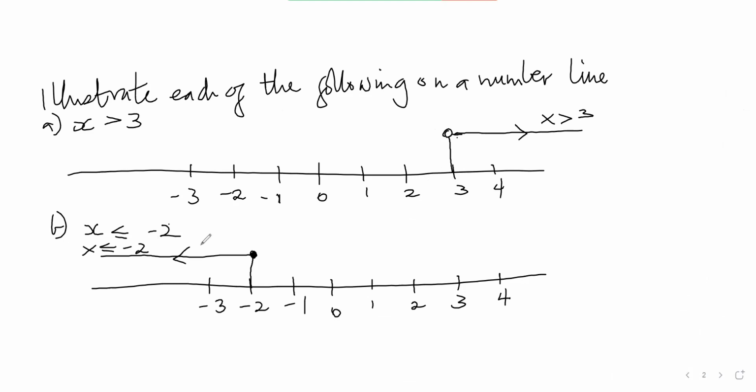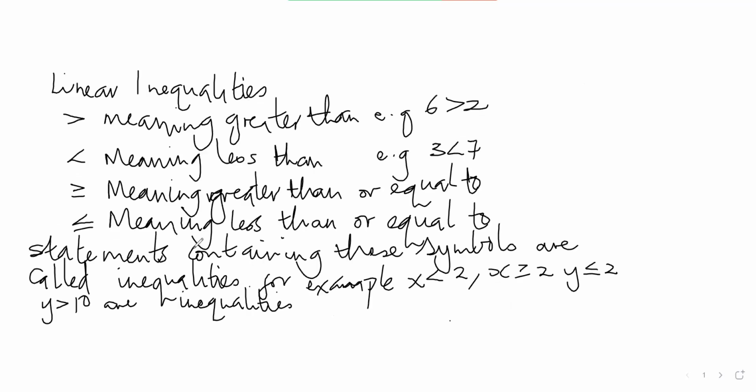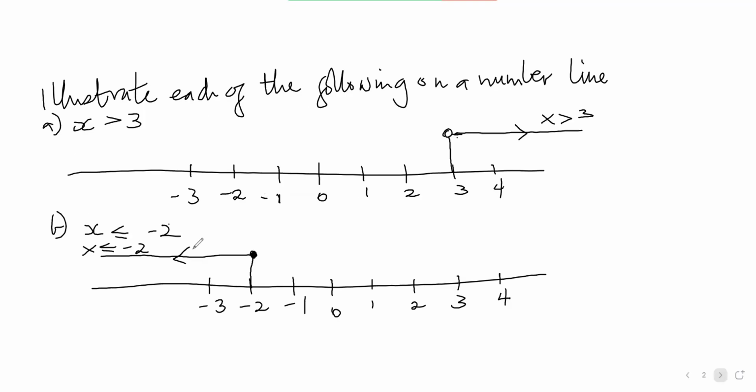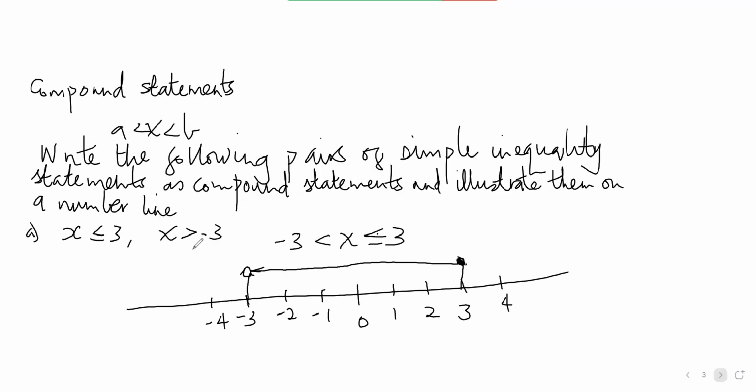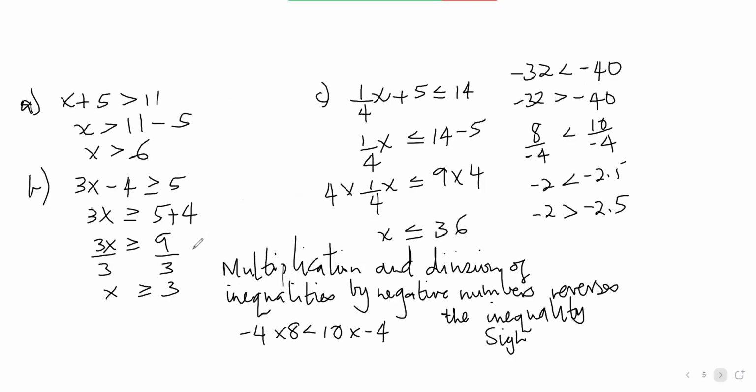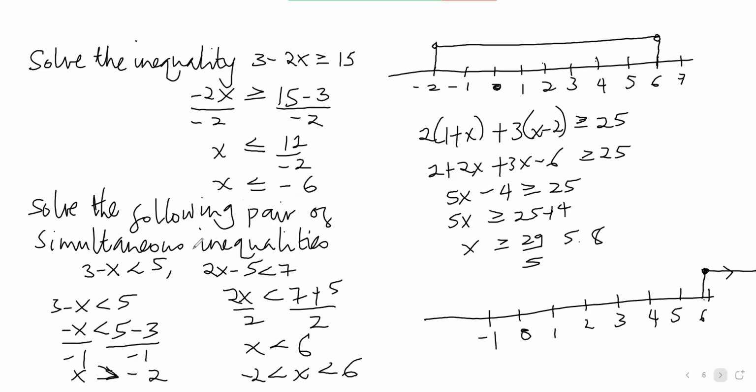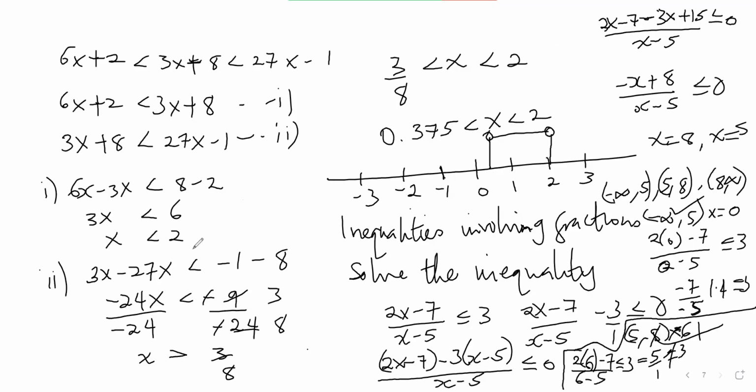And this one, x is less than or equal to minus 2. Anything to the negative side will satisfy this inequality up to infinite. So that is why we are using infinite. All those values will satisfy the inequality.